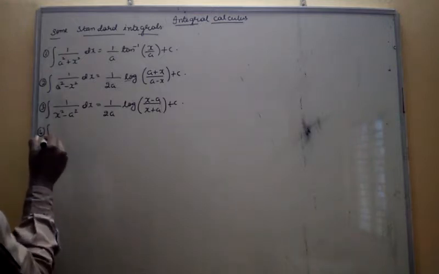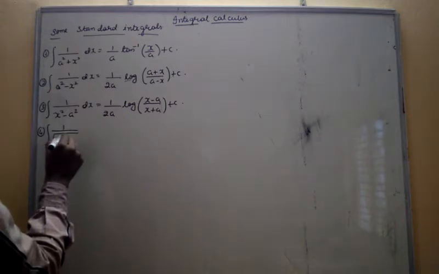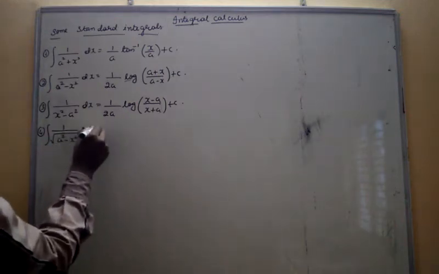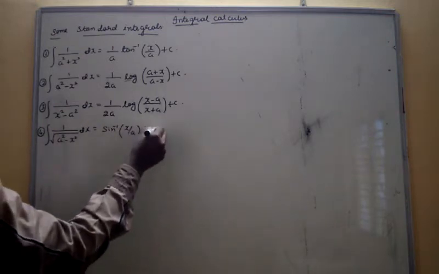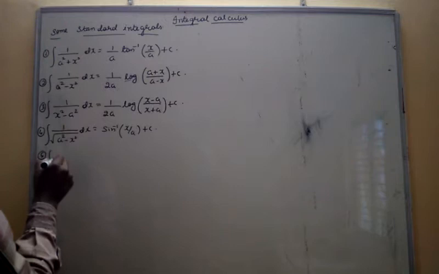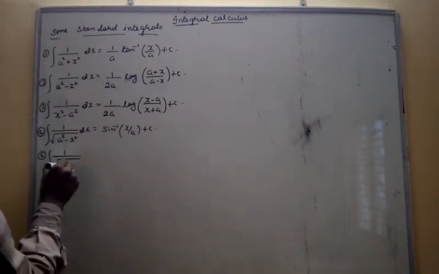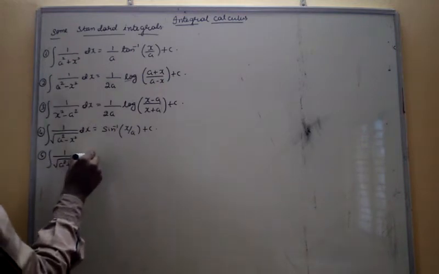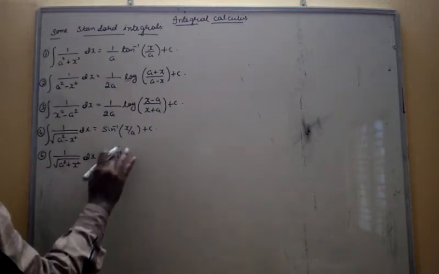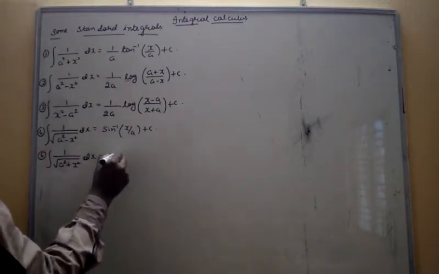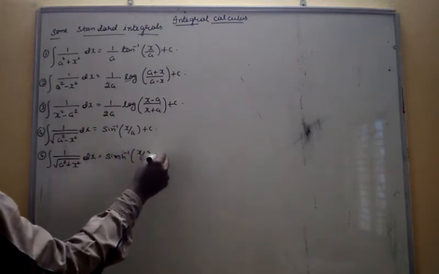Next one, fourth one, 1 by square root of a square minus x square dx is equal to sine inverse of x by a plus c. Next one, fifth one, integration of 1 by square root of a square plus x square dx is equal to sine hyperbolic inverse of x by a plus c.